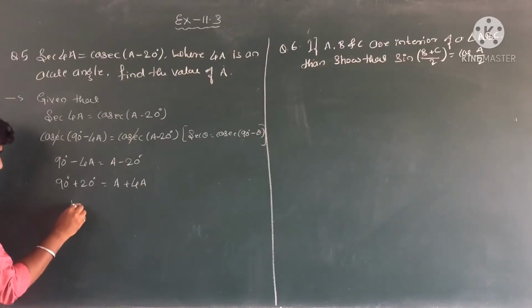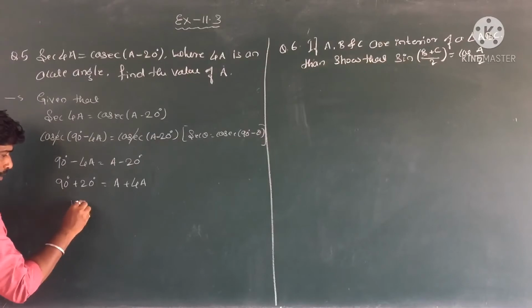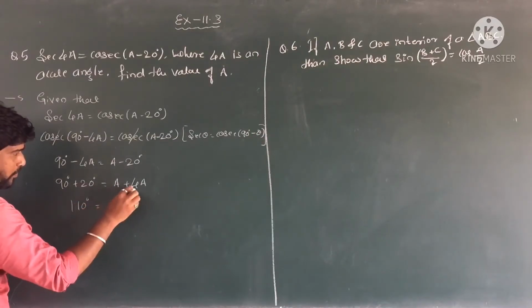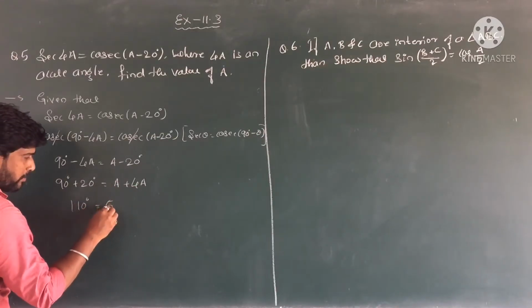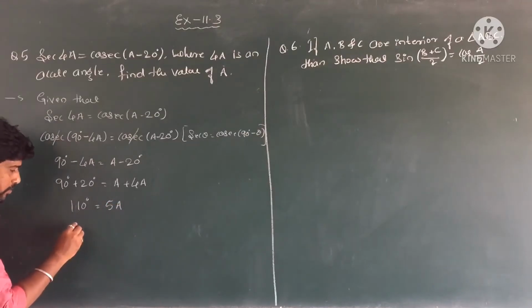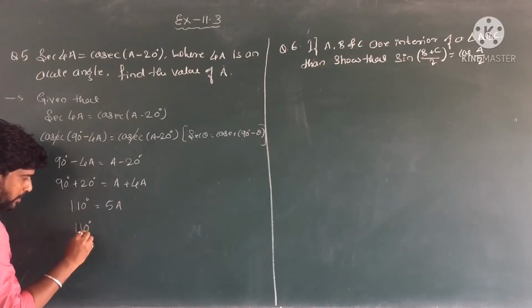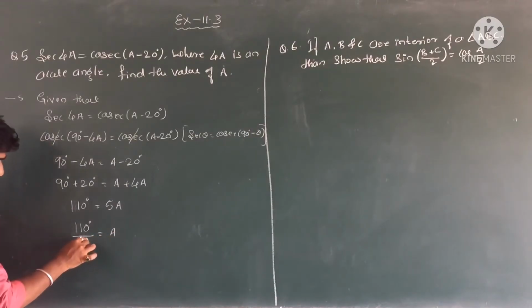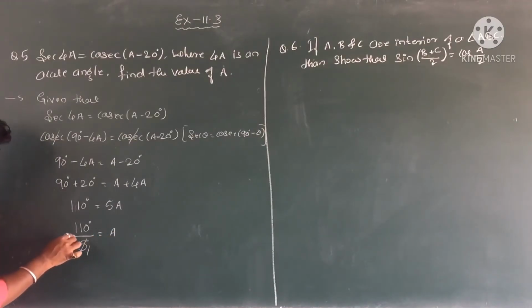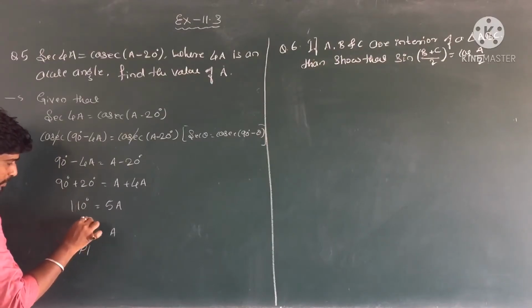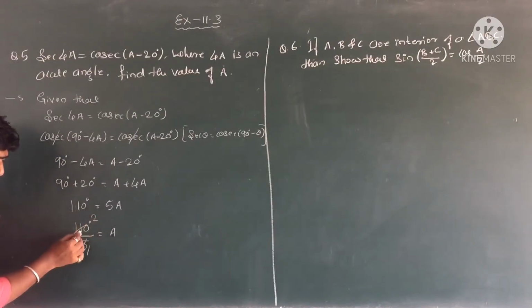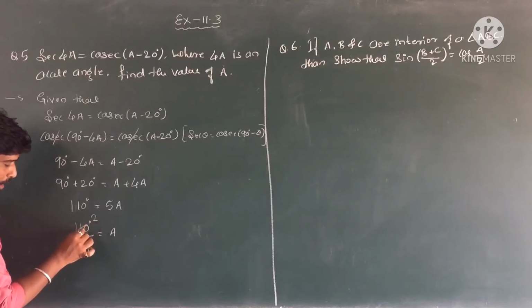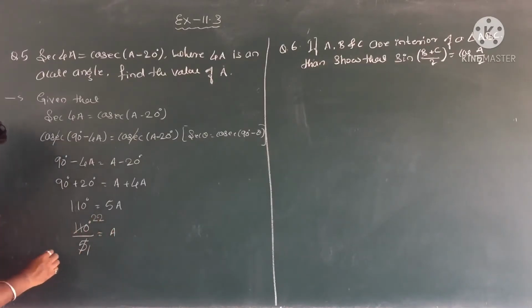So add this, we get 110 is equal to 4a plus a, which is 5a. So now 110 divided by 5 is equal to a. So here 5 ones are 5, 5 twos are 10, remaining 1 and 10, so 22s are.